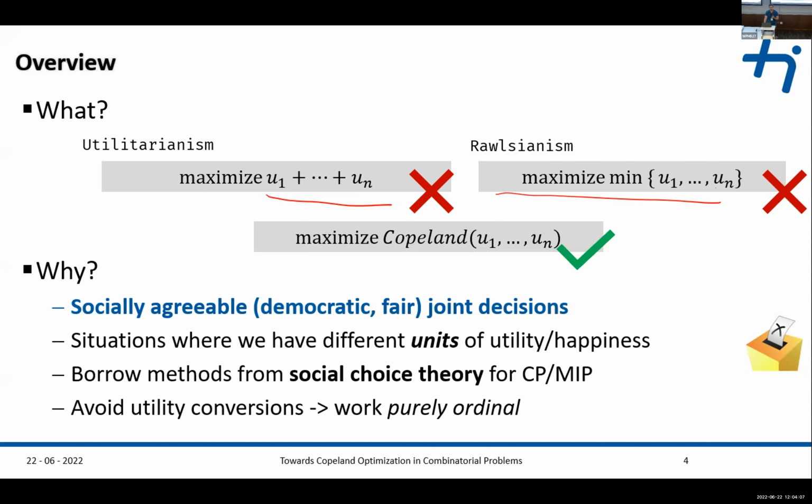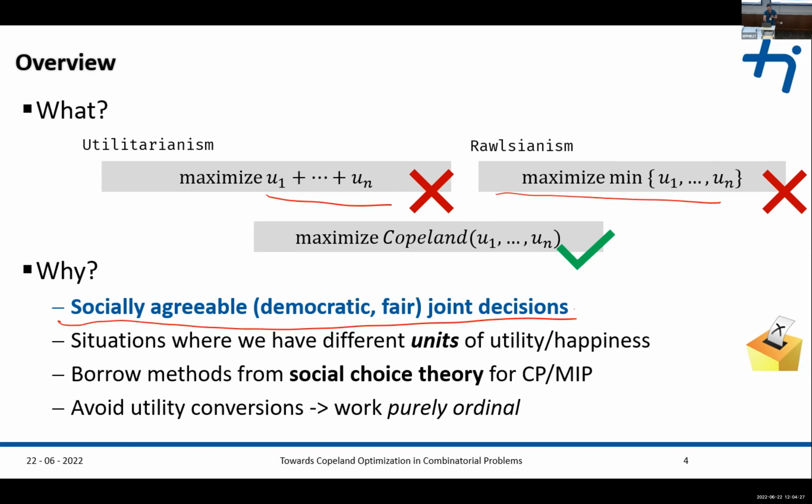Because I'm looking at situations where I really cannot compare easily the utility of one agent with that of another one. The high-level goal is to just explore novel preference aggregation methods borrowed from social choice. And yeah, ideally in a modeling language, I can just write down, maximize my Copeland score and run.